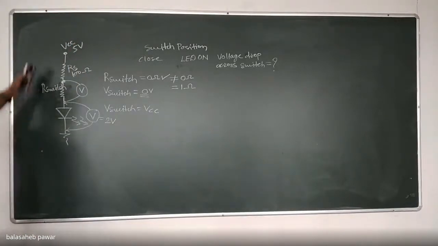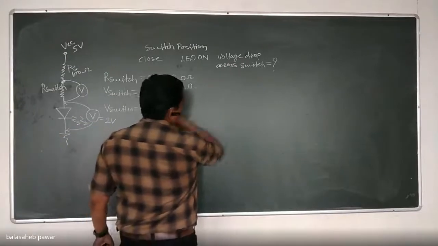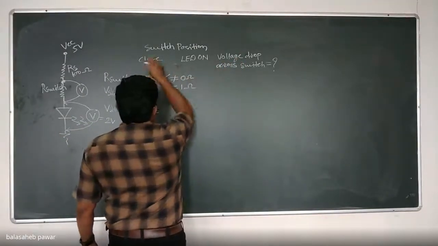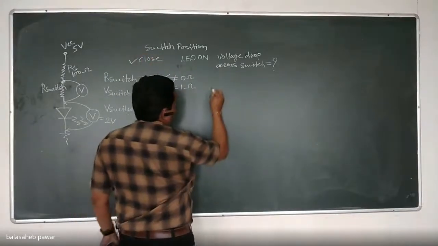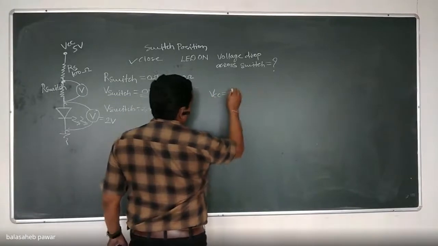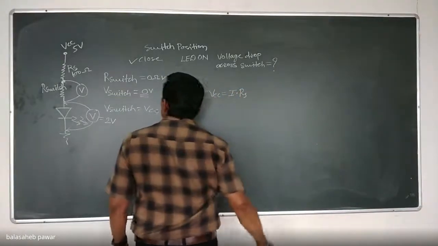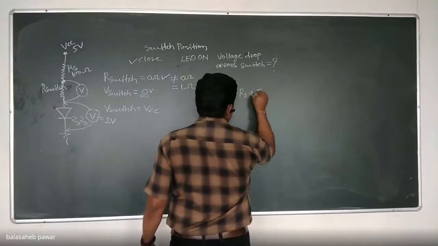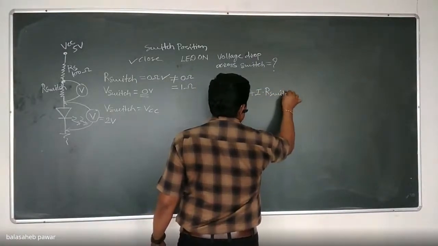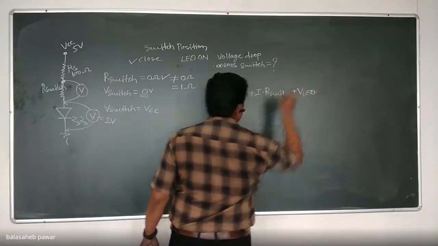Okay? By applying KVL to this circuit, whenever the switch is in closed condition, this first condition we are taking. So by applying KVL, VCC equals I into RS plus I into R of switch plus the voltage drop across the LED, that is VLED, correct?